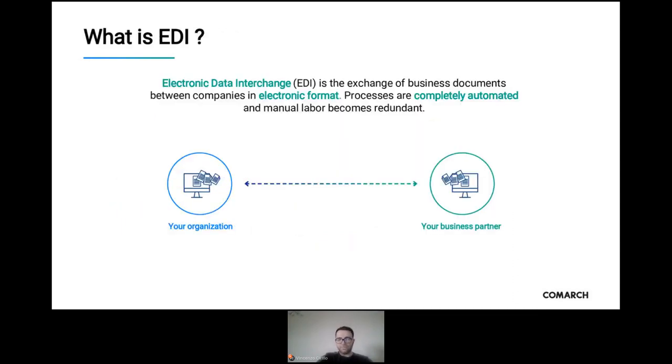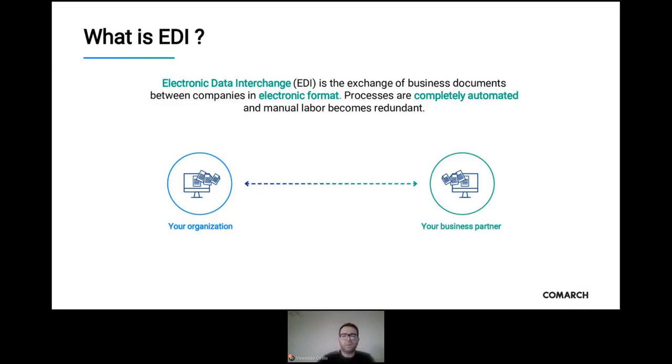And through EDI, first of all, let's check what an EDI is. EDI is electronic data interchange. It's a cost-saving business process automation that is used between trading partners to send and receive validated electronic documents from one computer system to another computer system in standard formats without human intervention.